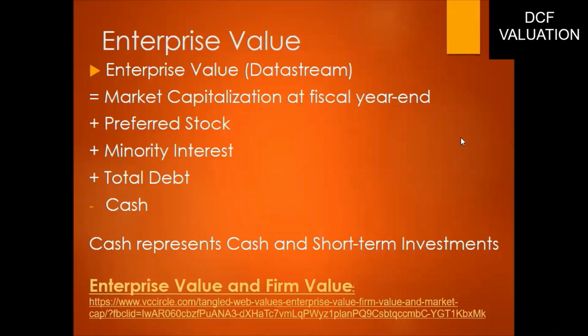So when we use operating income as our main basis, the present value that we're getting is actually the present value of operating assets.